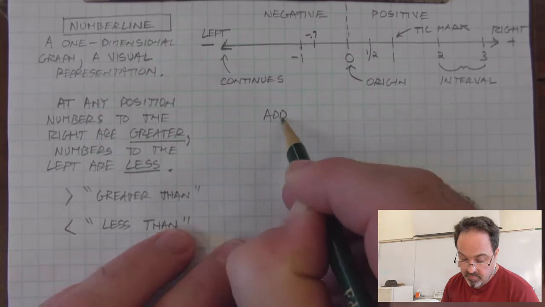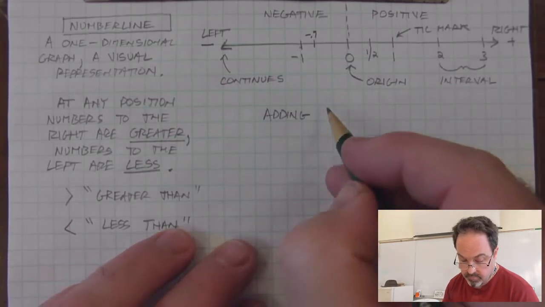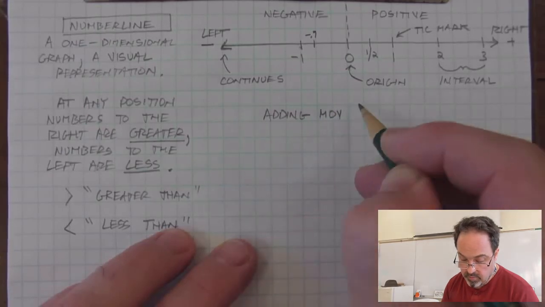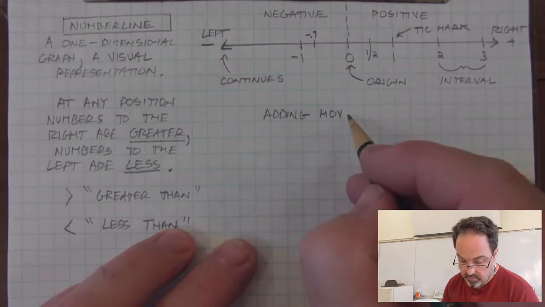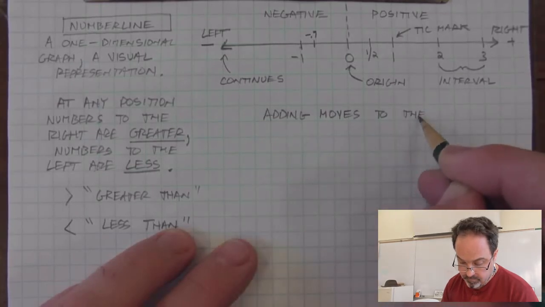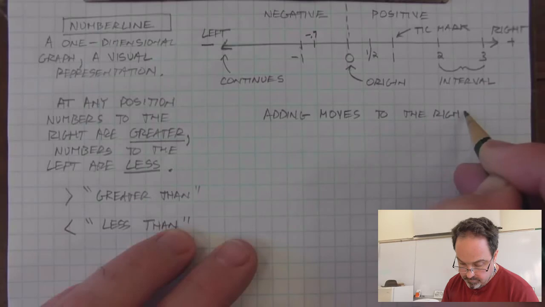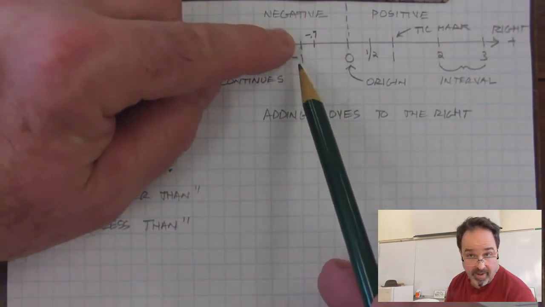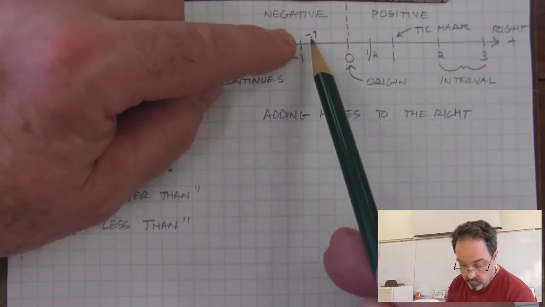The operation of adding, we can think of on a number line as a move to the right. If I was at -1 and I added to -1, I would move to the right.